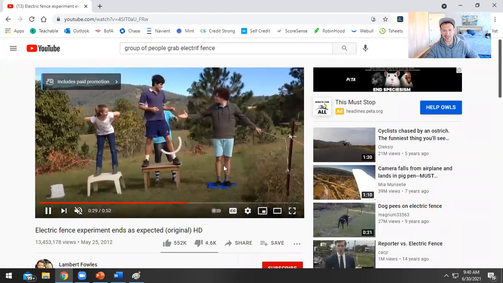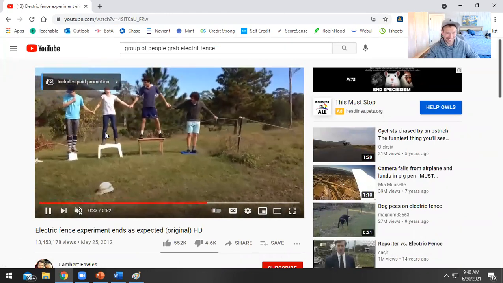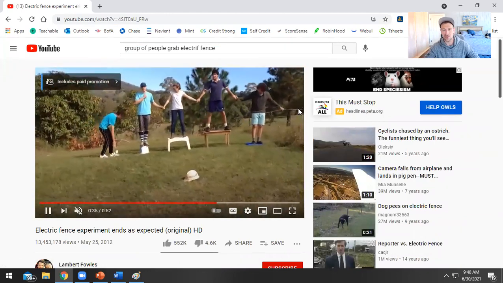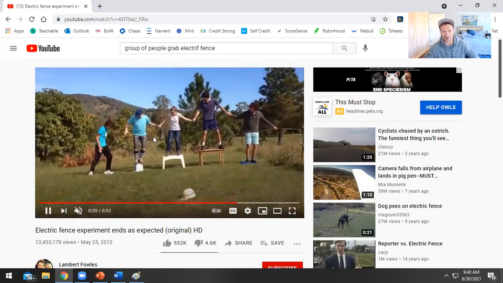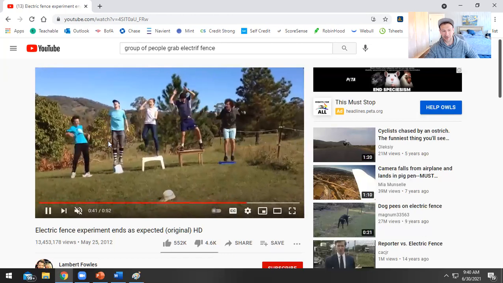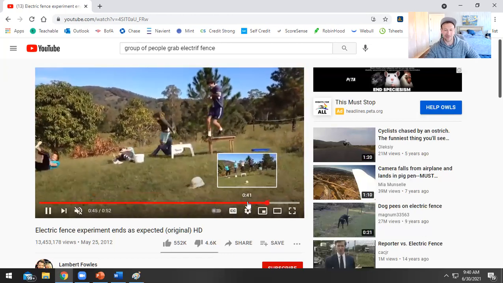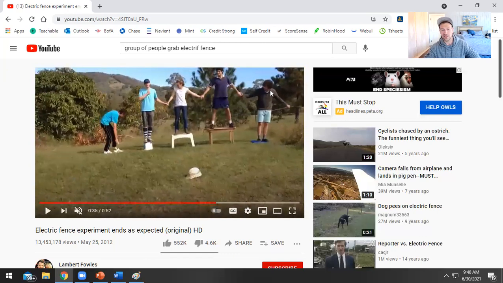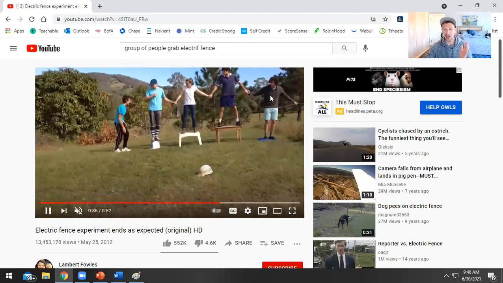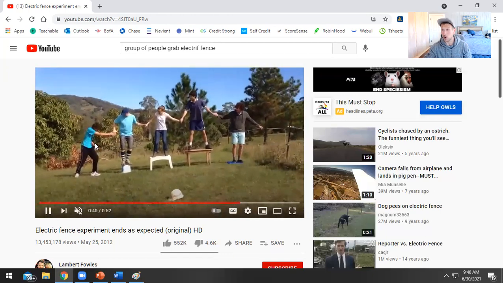So everybody's insulated currently until this last guy, who is not insulated, is going to grab. And so electricity is currently running through all of them, but it's grounded, so it just goes back into the wire. But now this guy's going to grab them and they all get zapped because he wasn't grounded at the end there. But electricity is running through each person right here. That's exactly neuron to neuron to neuron to neuron to moron.